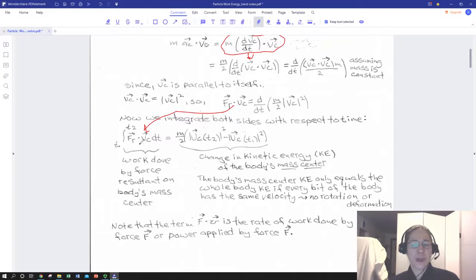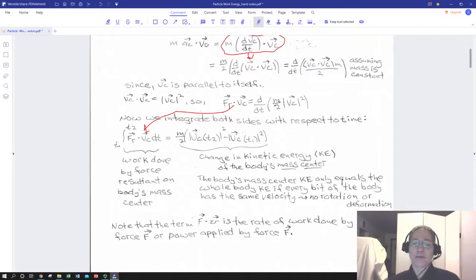And if we do the integral, we're going to end up with force being applied over a distance. And for those of you who remember your physics, that's work. So the time-based integral of our force resultant dotted into the velocity of the center of mass is equal to the work done by that force resultant on the body's mass center over whatever distance it ends up traveling as a result.